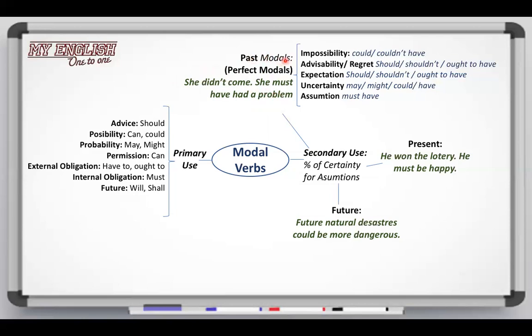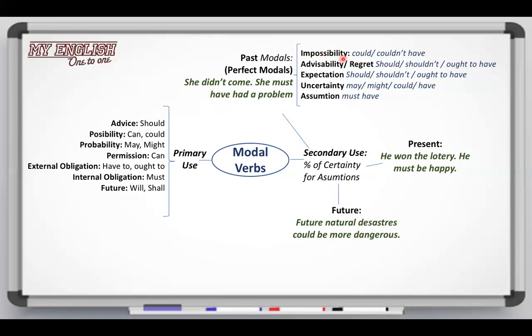So for the past modals, we have mostly, the most important ones, five types: impossibility, advisability or regret, expectation, uncertainty, and assumption. It is super important to remember that a past modal uses a modal verb with a present perfect sequence.